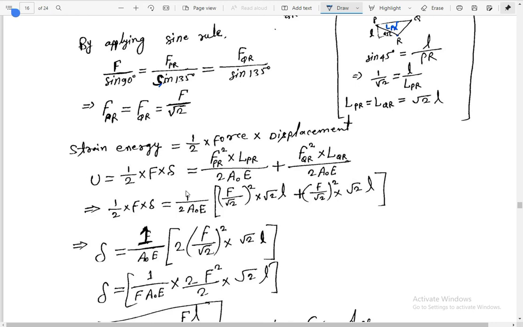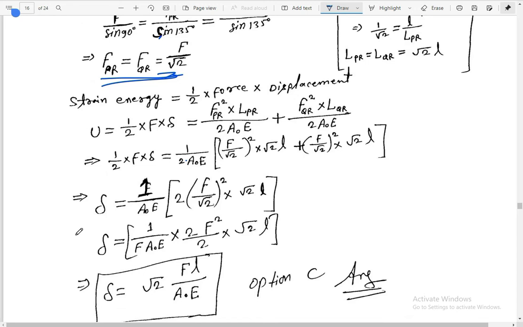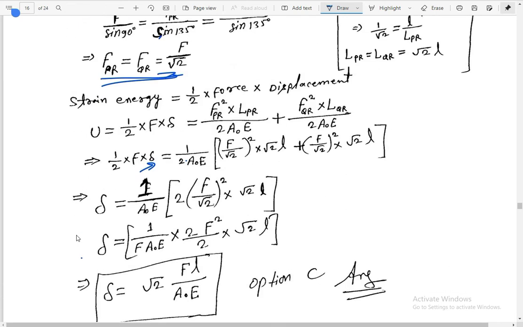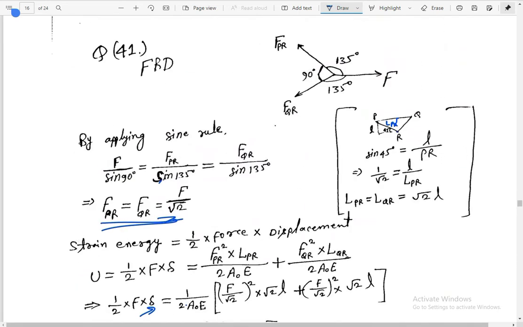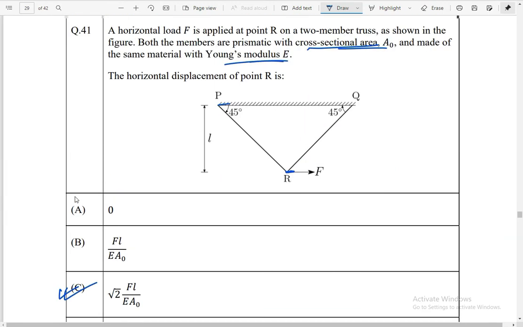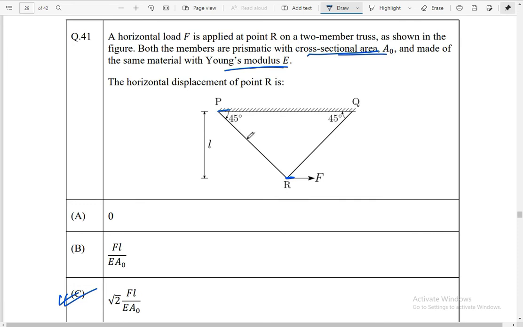Once we apply this formula and put the values for LPR equal to root 2 L and FPR equal to F by root 2 from here, then we solve for delta. Finally we'll get delta is equal to root 2 FL by A0 E. So the horizontal displacement of R is root 2 FL by E A0.